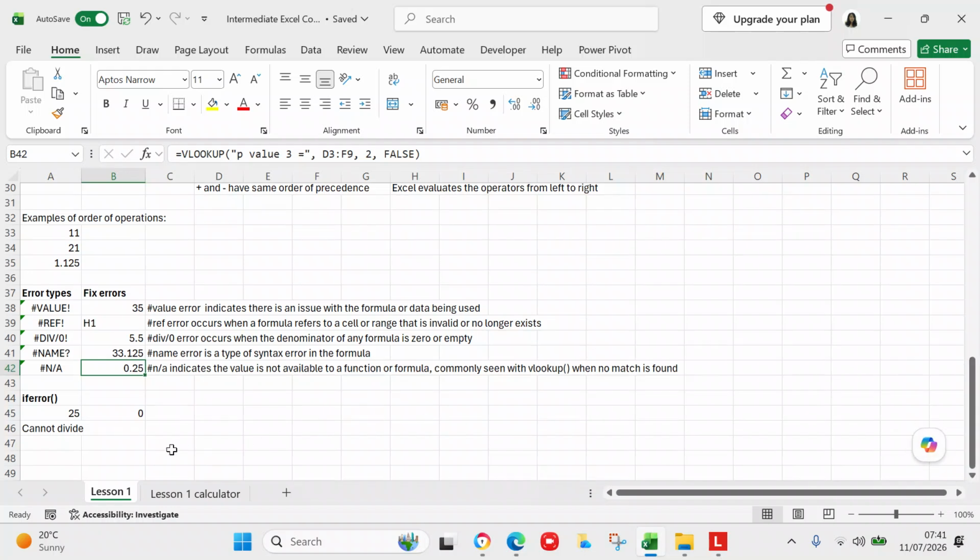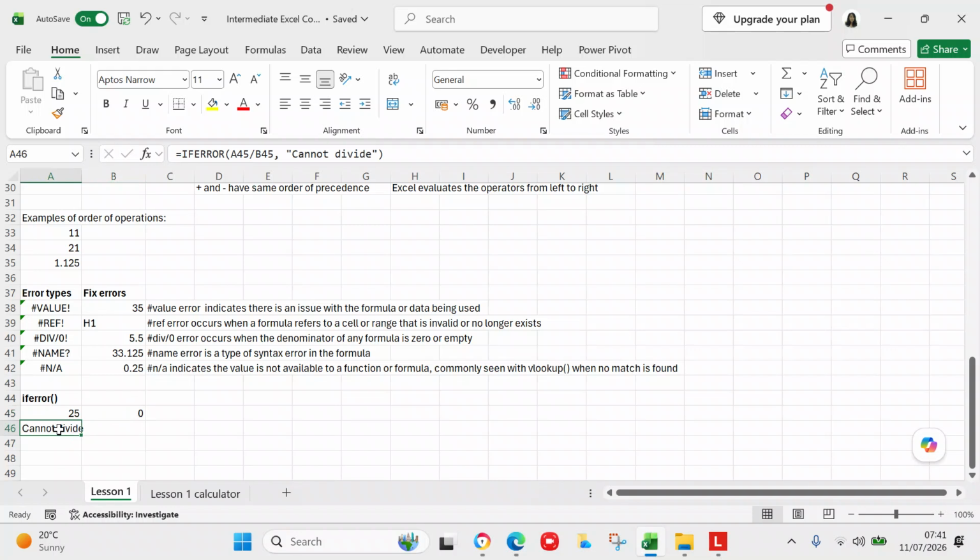You also have something called IFERROR. What IFERROR means is if you have an error, then it's going to do something. So you've got 25, and then you've got 0. So you've got IFERROR, A45 divided by B45, and then you're going to say cannot divide, because it's going to go into an error, because A45 is 25 and B45 is 0.